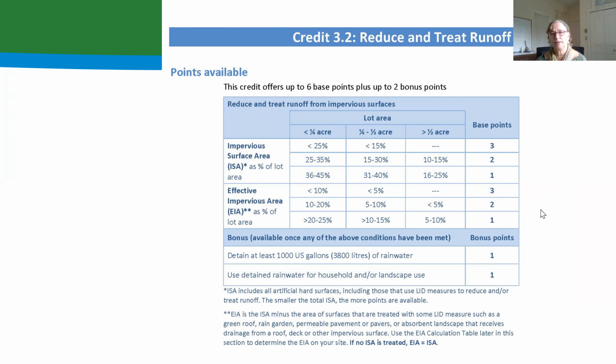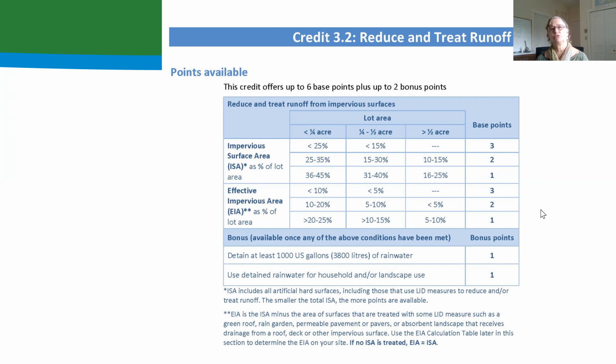Shoreline water quality, what we want to do is, this is credit 3.2, reduce and treat runoff. So here you can see you can get more points for a less impervious surface. And then you can get bonus points for reusing rainwater for landscape use, as well as detaining at least 3,800 liters of rainwater.